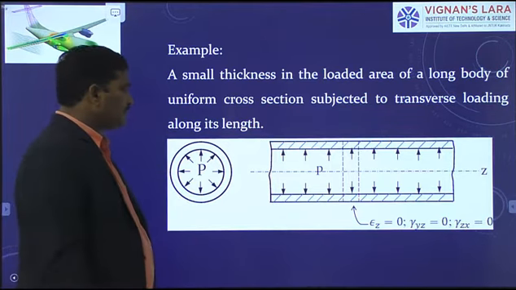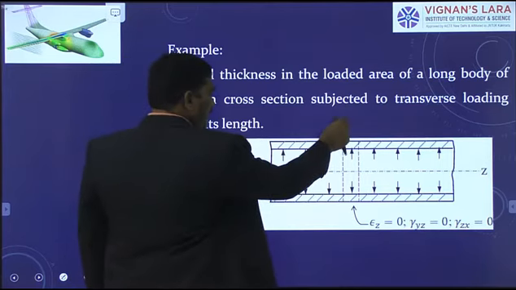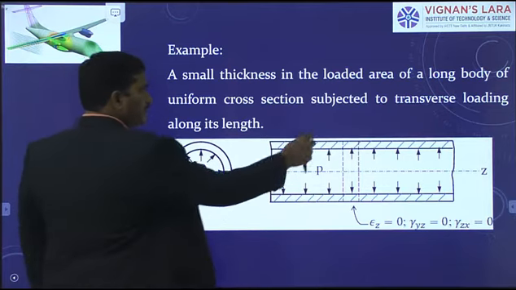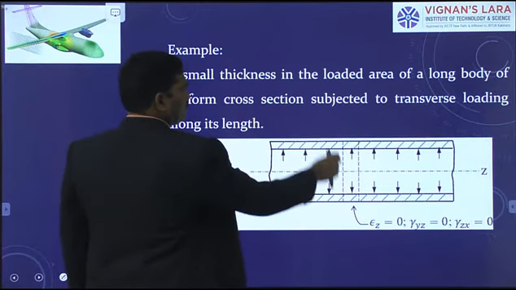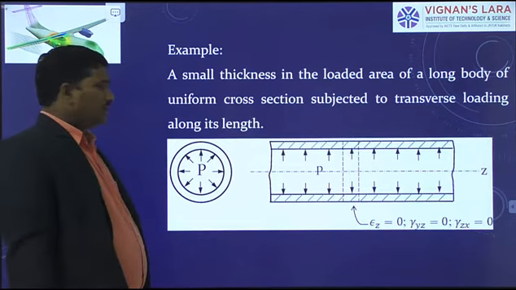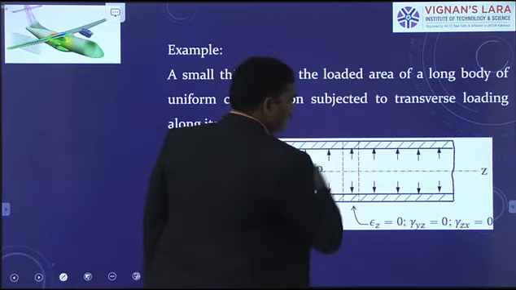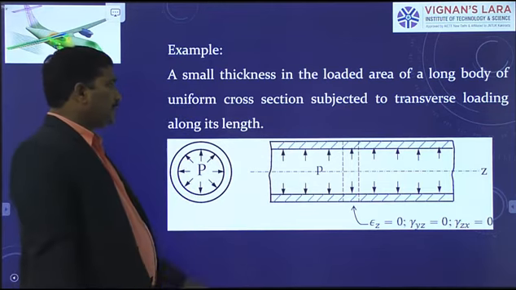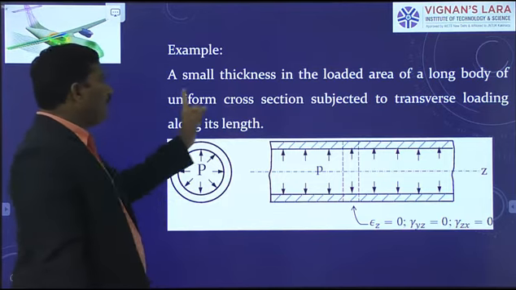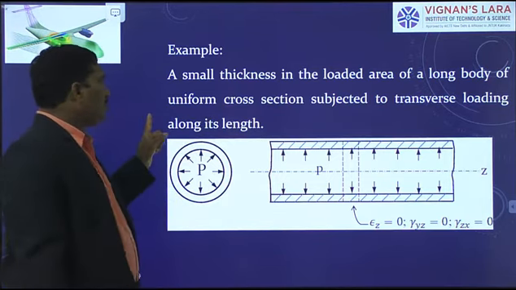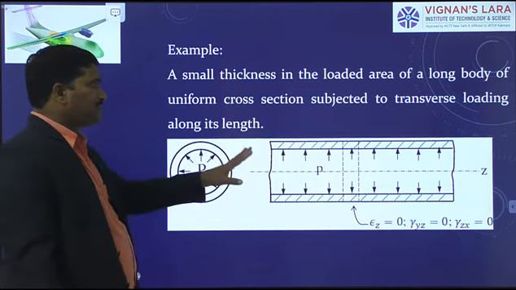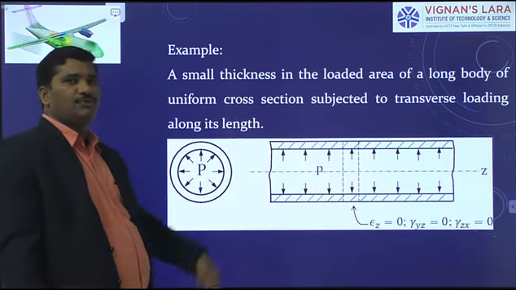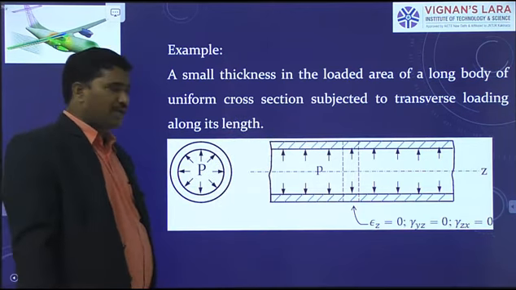Now, if you consider an element with small thickness, the strain in the direction of its length is 0. So this is the example for the plane state of strain. A small thickness in the loaded area of a long body of uniform cross section subjected to transverse loading, that is internal pressure, is the example for the plane state of strain.